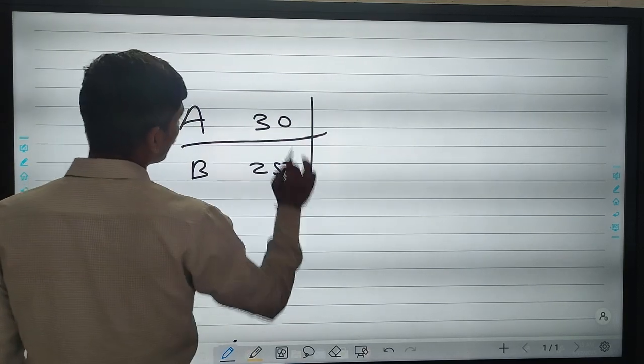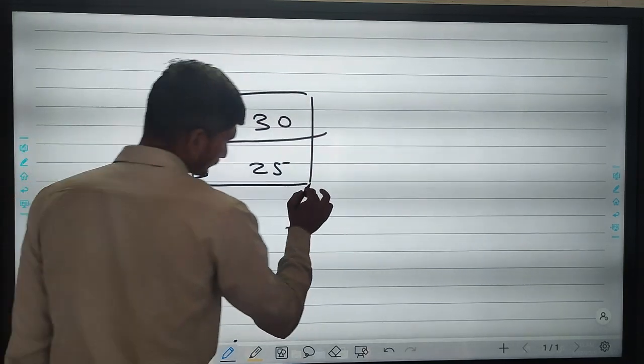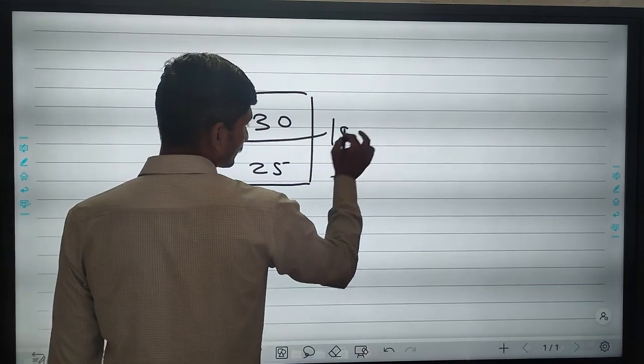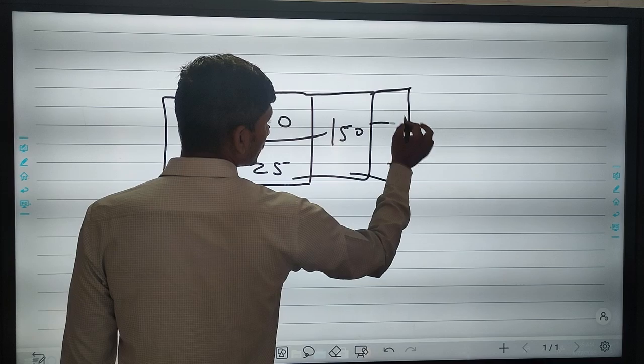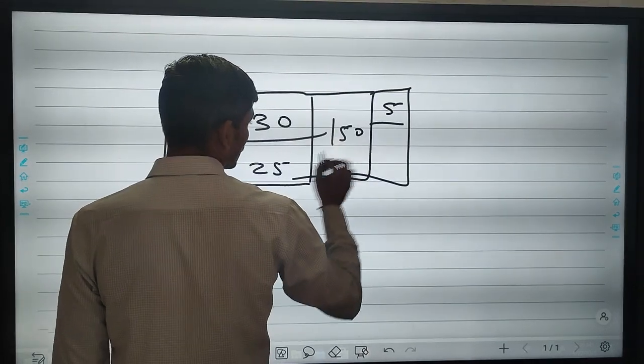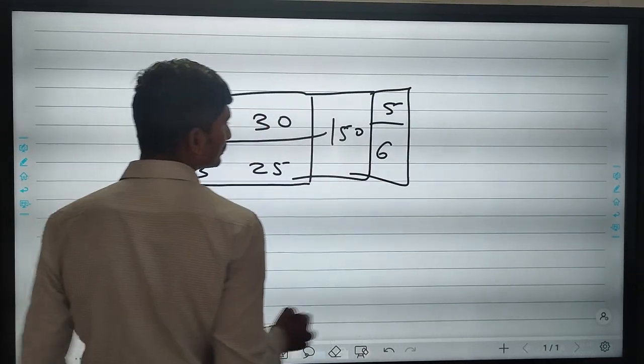Now here, the LCM of these two is 150. Now here, 30 into 5 and 25 into 6.